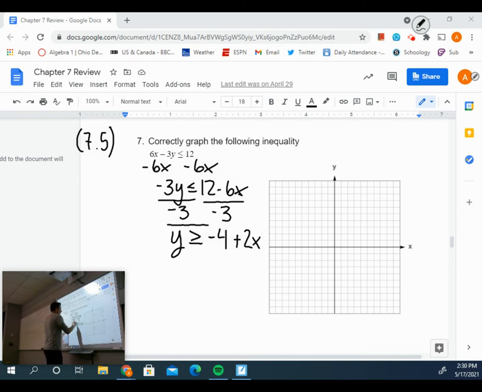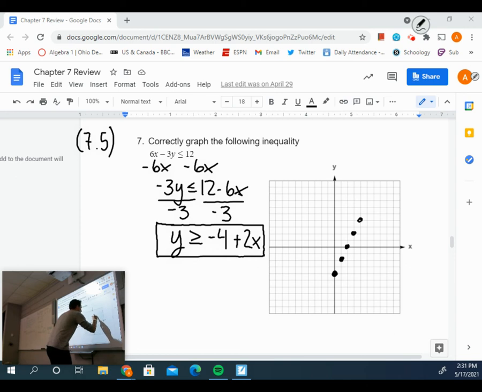And really all I've done is transition my inequality from standard form to slope-intercept, which allows me now to graph it. So now that it's in slope-intercept form, I go down 4, and then I'm going to go up 2 over 1. Up 2 over 1, up 2 over 1. I am not going to put a solid line or a dashed line yet because I need to make sure, right?